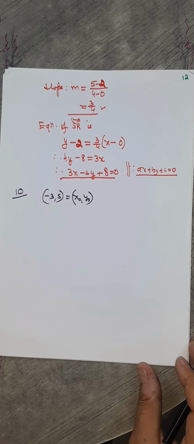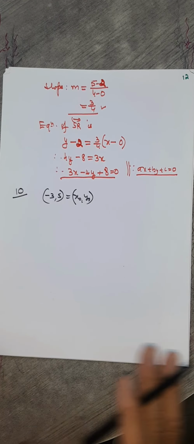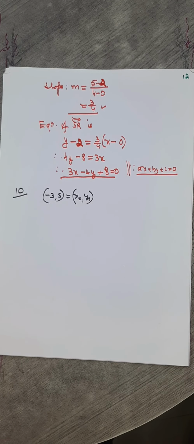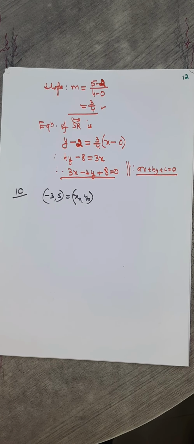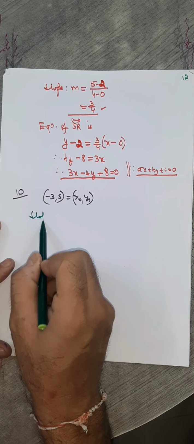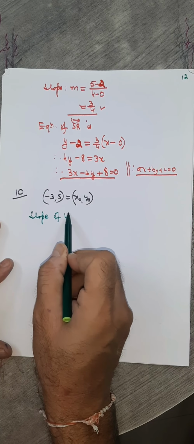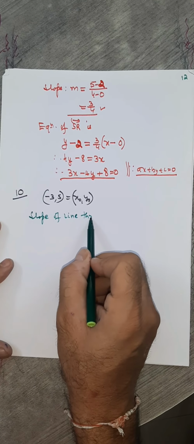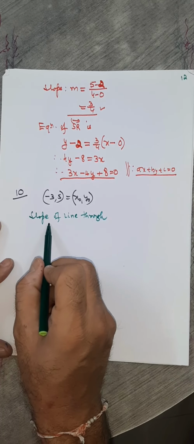And the required line is perpendicular to the line through these 2 points. So you have the word perpendicular. So you need to recall m1 into m2 equals minus 1. So first we get the slope of that line. Slope of the line through which 2 points?